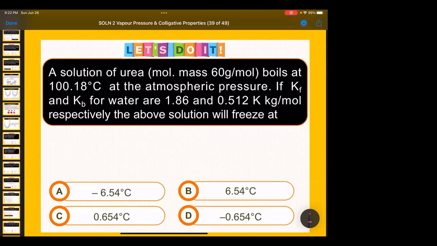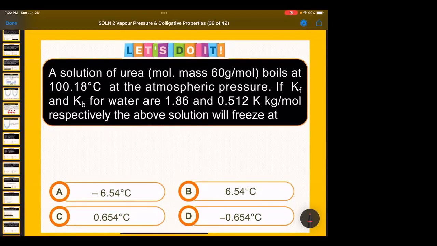I hope the question is very easy, and you can do it very quickly. Good question. The boiling point is given, you need to tell me the freezing point.